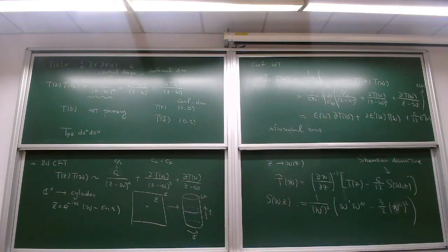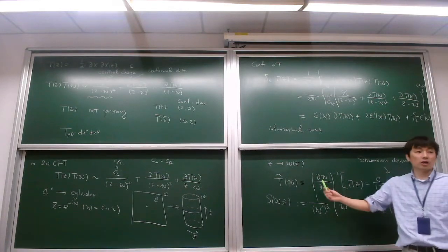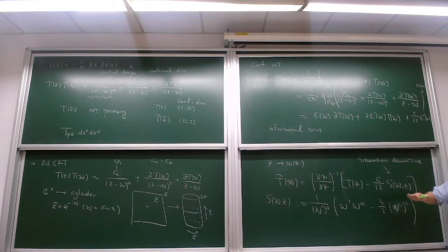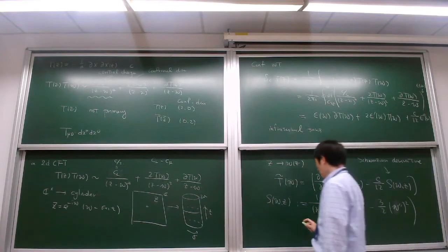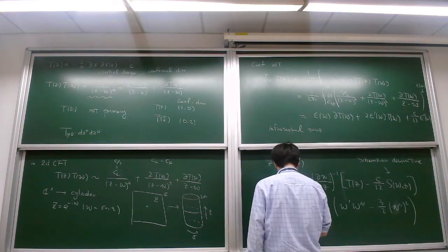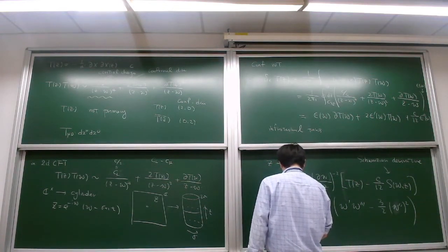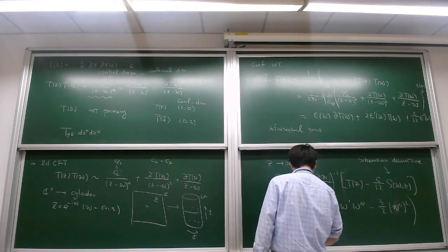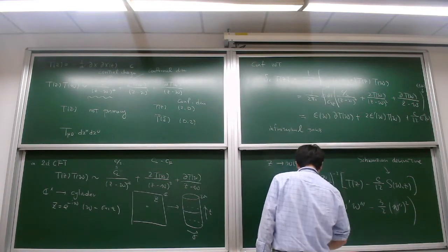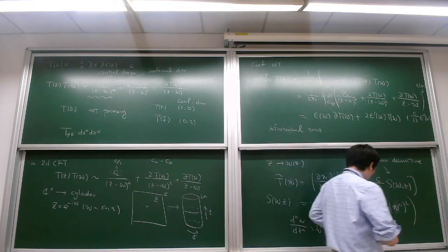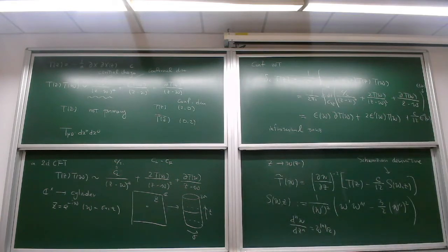So this is the finite transformation. If you take the infinitesimal version of this one, you get this one. This is homework. Okay. And the prime really means dz, dw, the derivative with respect to z.